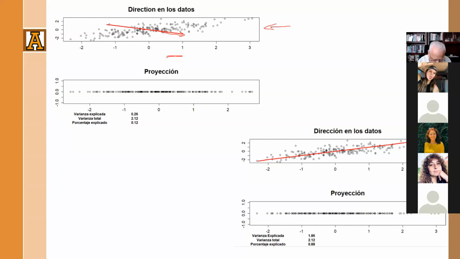With this vector, with this dimension, we're capturing only 26% of the variance. The one that we're looking for is the one that maximizes that explained variance. So if you took this data, the vector that would maximize the variance would be this one here.